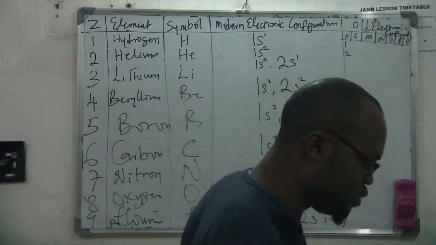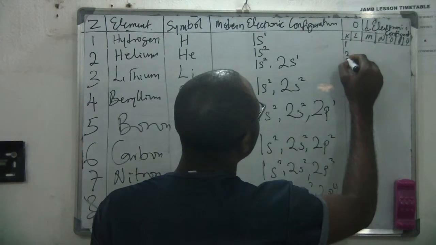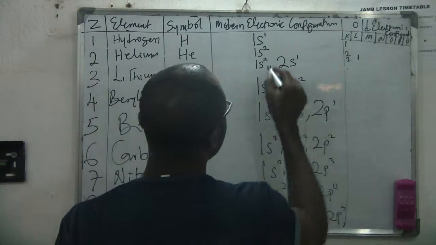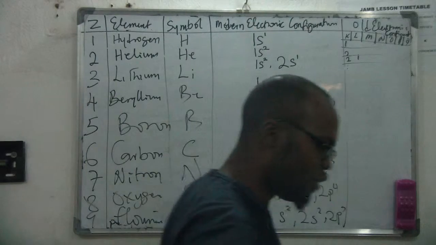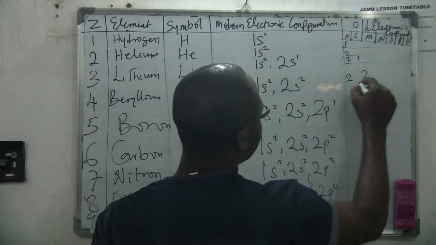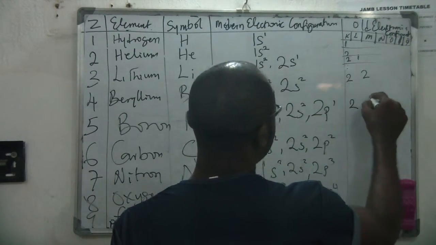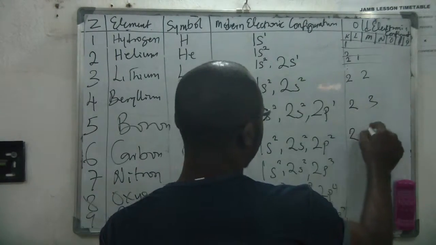For the third one, it will be 2 and what? 1. Because it doesn't pass 2. Yes. For the fourth one, it will be 2 and what? 2. Is it not? For the other one, it will be 2 and what? 3. For this one, 2 and 4.